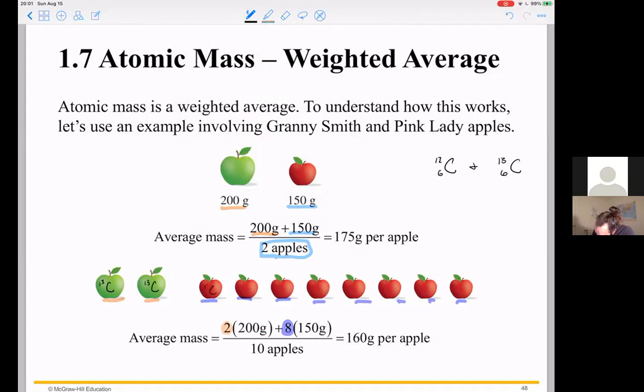But carbon 12 is far more abundant. We have way more carbon 12 in the world than we do carbon 13. So I would take a weighted average where the weight is reflecting how much more of one I have than the other. Okay, and that's what gets me the number that was on that periodic table of average atomic mass.